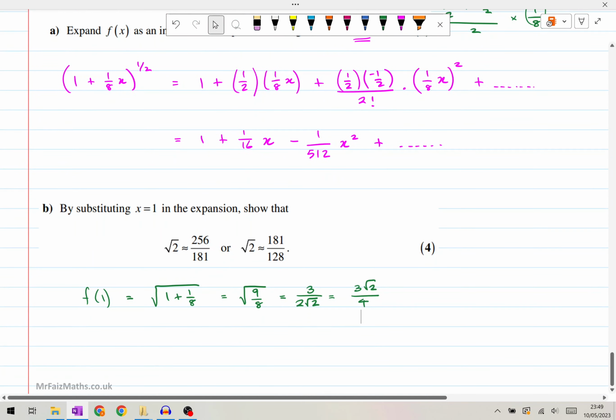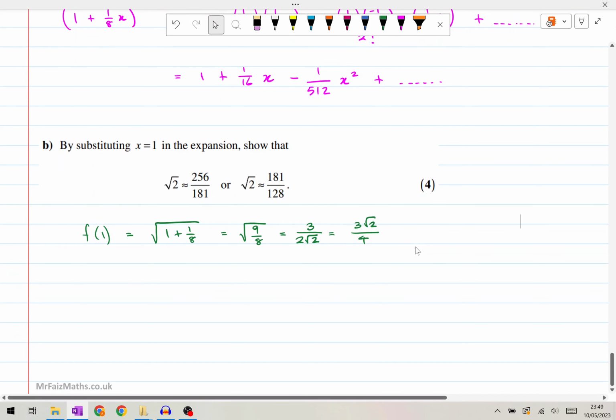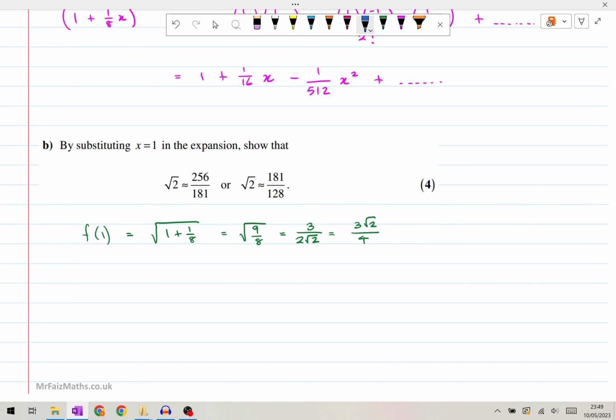What we now need to check is what expression we get if we substitute x equals 1 into our expansion. It won't give us the exact value, but it should be a close approximation to 3 root 2 over 4. So substituting x equals 1 into our expansion gives us 1 plus 1 over 16 times 1 minus 1 over 512 times 1 squared. If you plug all of this into the calculator, what we get is 543 over 512.